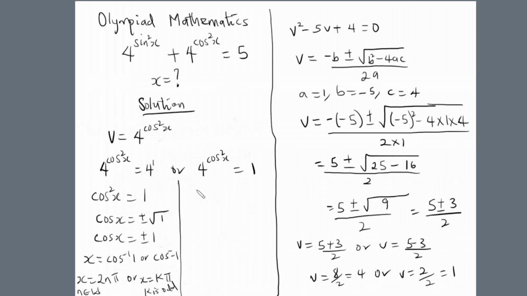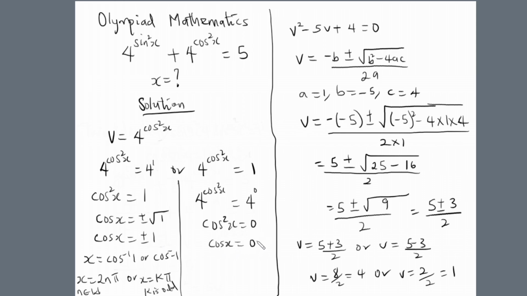Also, for the right hand side, 4 to the power of cos square x is equal to 1. 1 is the same thing as 4 to the power of 0, because I want the base to be the same, and anything to the power of 0 is 1. Now I can equate the powers and say cos square x is equal to 0. Take the square root of both sides as we did on the left hand side. Cos x will be equal to 0.